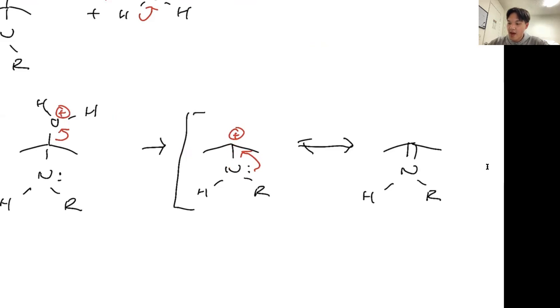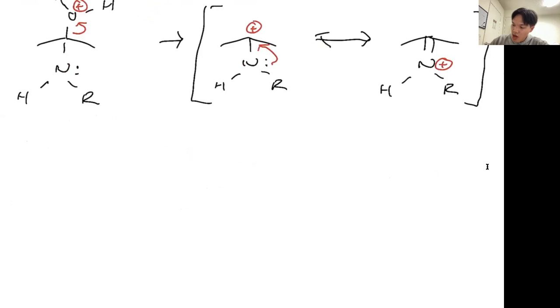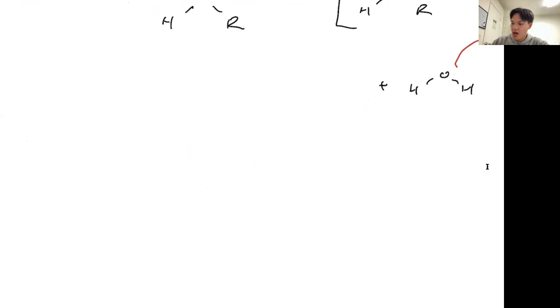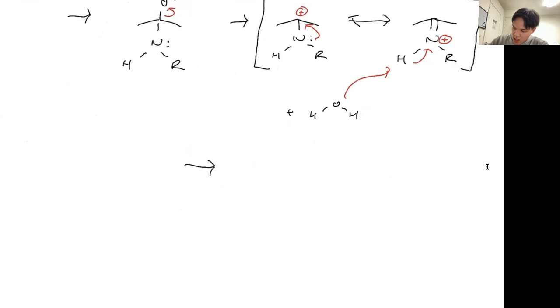And then now we have a positively charged nitrogen, which we can deprotonate using our water. So it's going to look like this. Comes up here, and then we make our imine where it's going to look NR.